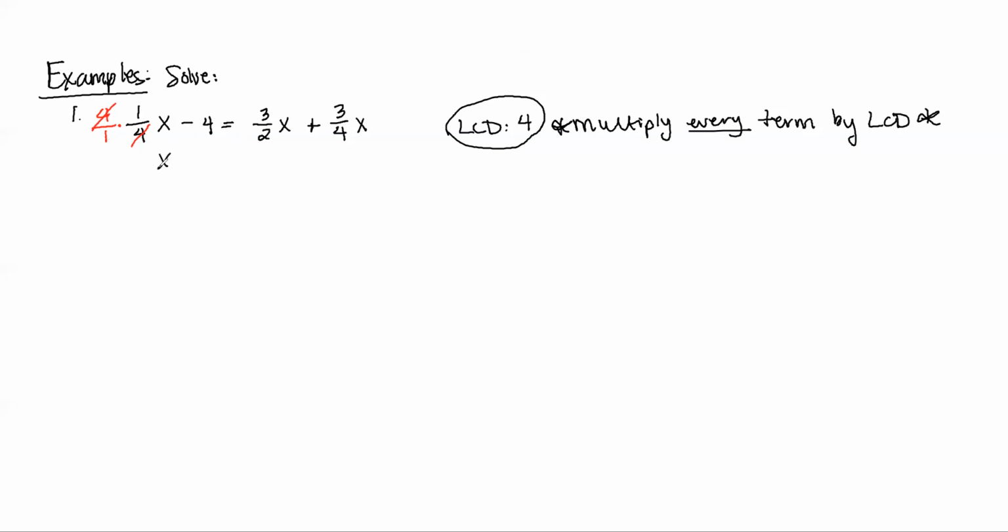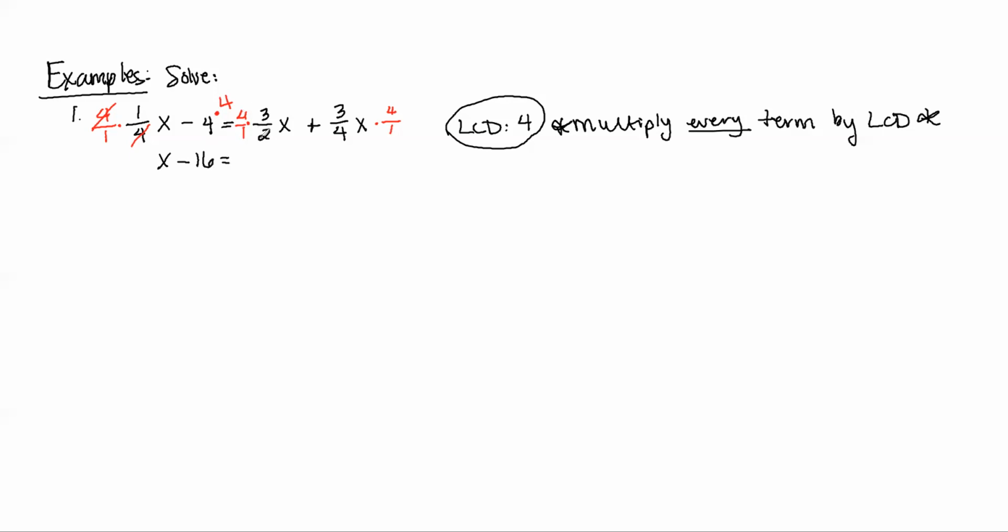And then we need to do this to every single term. So we're going to multiply this 4 by 4. We're going to multiply this 3/2 by 4 over 1. And then we're going to multiply this 3/4, put it over here, by 4 over 1. All right, so 4 times 4 is going to be 16, so minus 16.